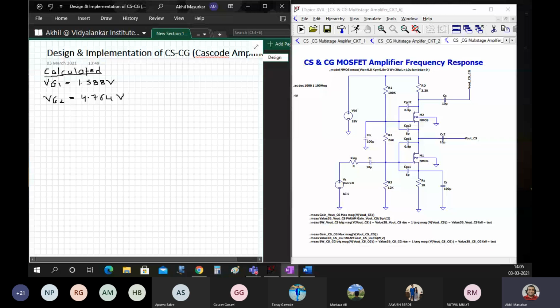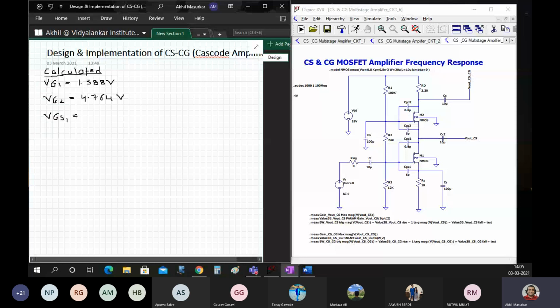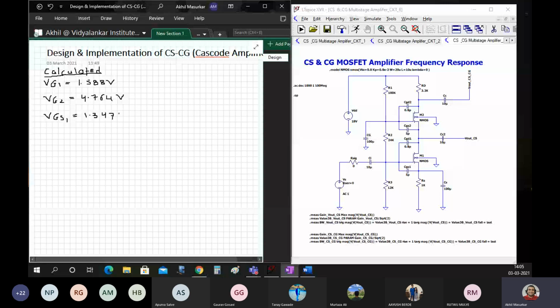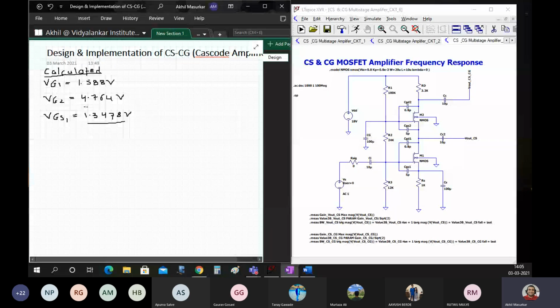Then with the help of this we calculated VGS1, and VGS1 was 1.3478 volts. So certain things we have to know before we do the simulation.